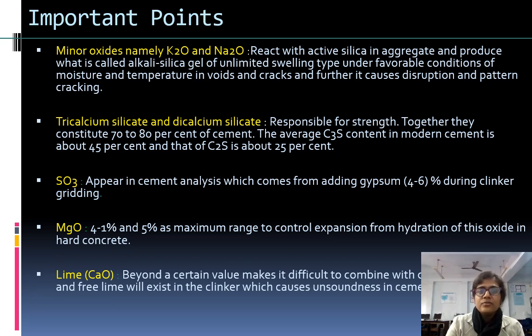Minor oxides like K2O and Na2O are present in very small amounts. Whenever we add water to cement, these oxides react with the active silica in the aggregate and produce alkali silica gel. This gel is very expansive, a swelling type of gel.